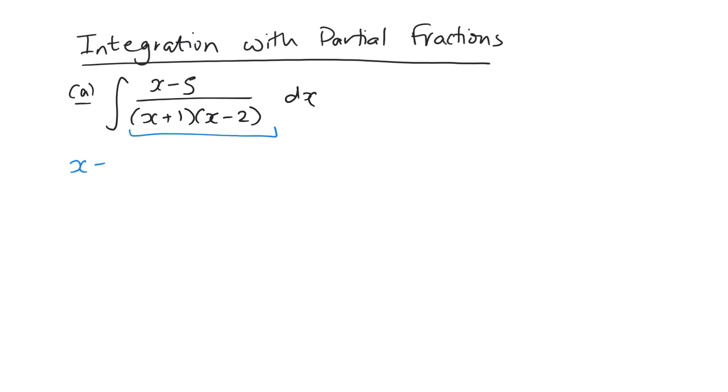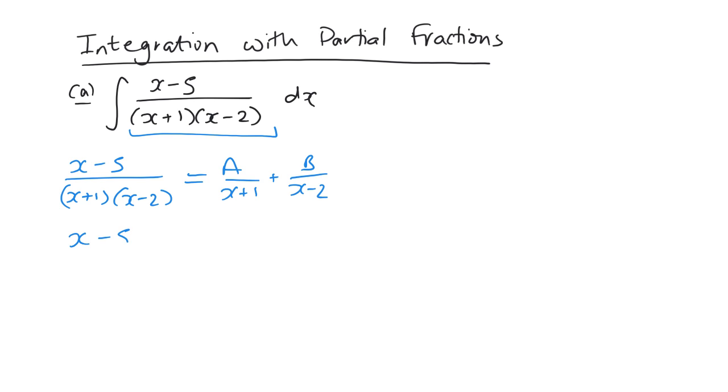So the partial fractions is the same as just our normal partial fractions. We'll let that equal a over x plus 1 plus b over x minus 2. So x minus 5 equals a times (x minus 2) plus b times (x plus 1).